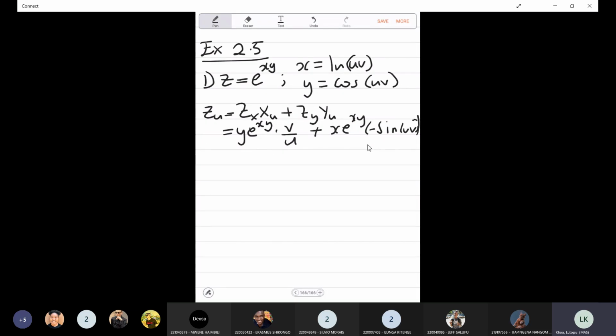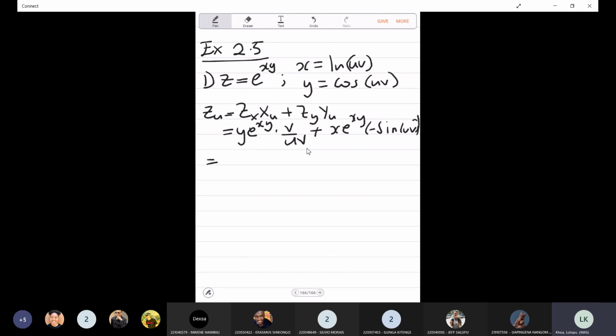Okay, simplify it as far as possible. Sorry, this is uv. Okay, now it's fine. There should be a v here, the derivative of this with respect to u. Okay, so the v's can cancel.